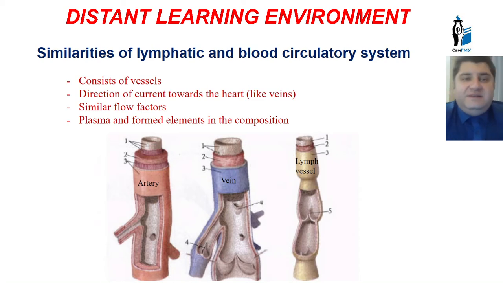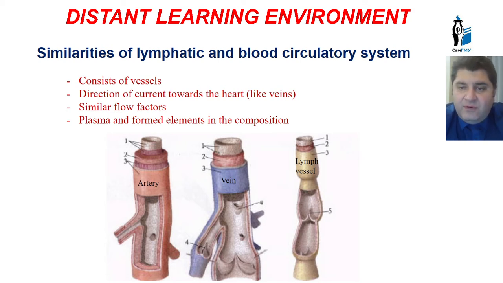What are the similarities of the lymphatic and blood circulatory systems? You may see that both systems consist of vessels. The direction of current is toward the heart, like in veins, and you may see the vein and lymphatic vessel in the middle and right pictures. Also there are similar flow factors, and you may see the valves.